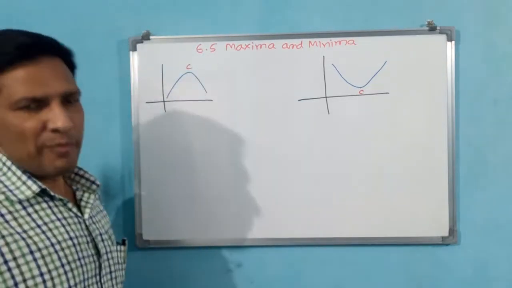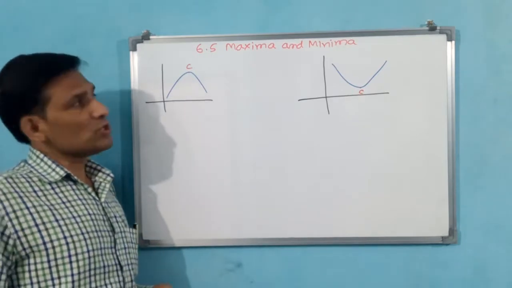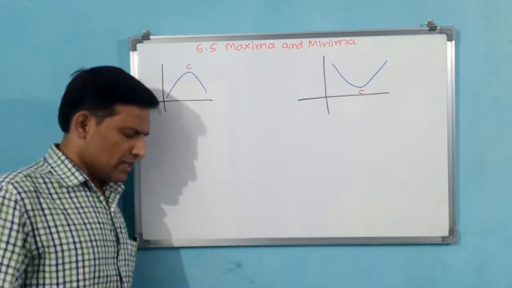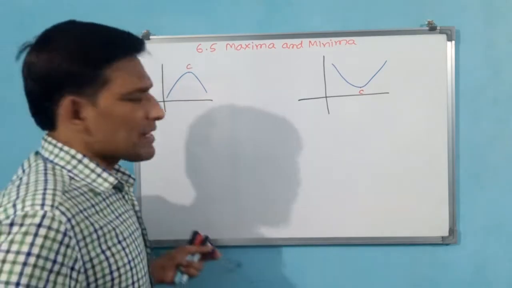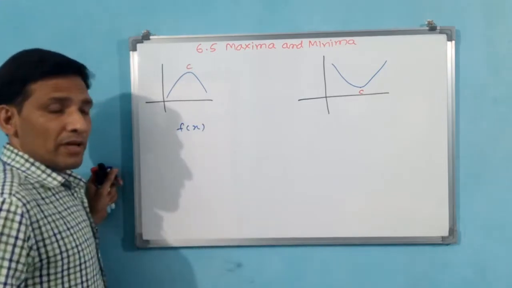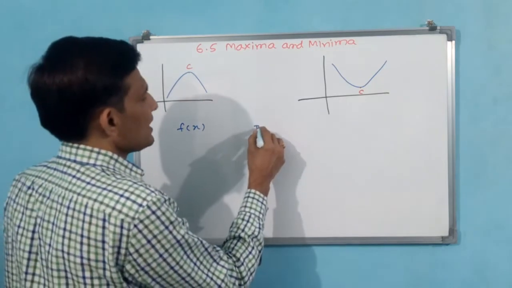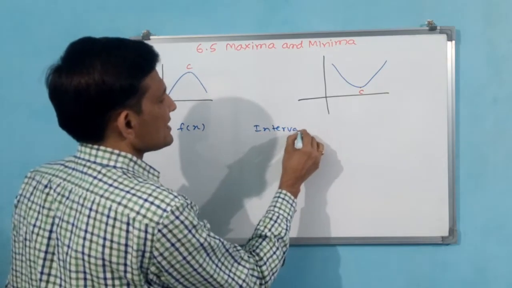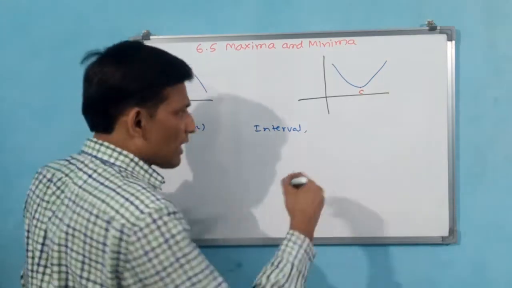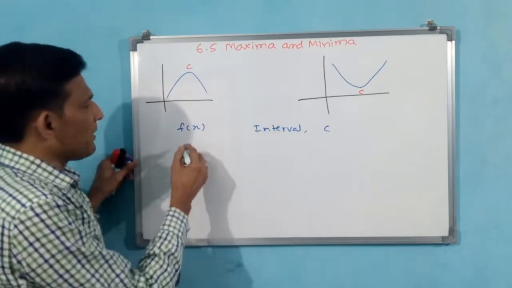Maxima and minima are the concepts. In this concept we are going to find the maximum value and minimum value with the normal function only. You see what I am writing. What is the function? The function is f of x. The function has an interval. I choose one point c from the interval and apply this c in f of c.